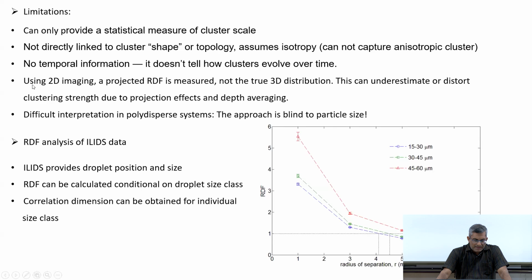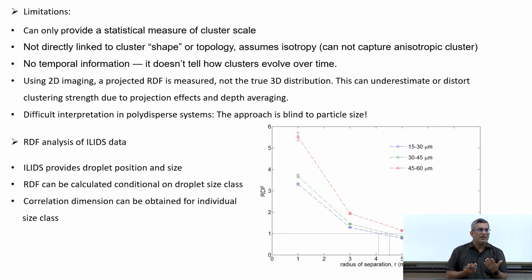And this is an inherent problem with 2D imaging. We image, or we measure, a projected RDF. Clusters are 3-dimensional entities, so you imagine you have a cluster, but you are considering one cross cut, because you are imaging only a cross-sectional view of the cluster.